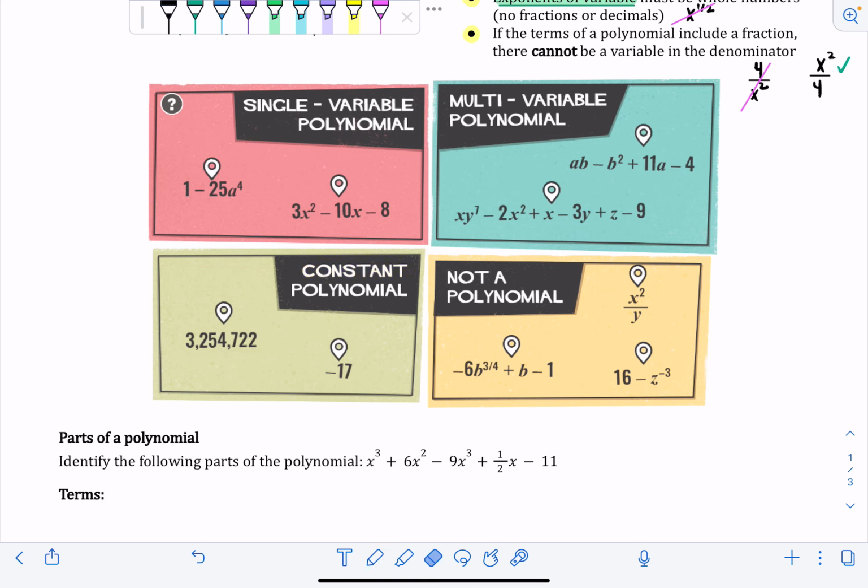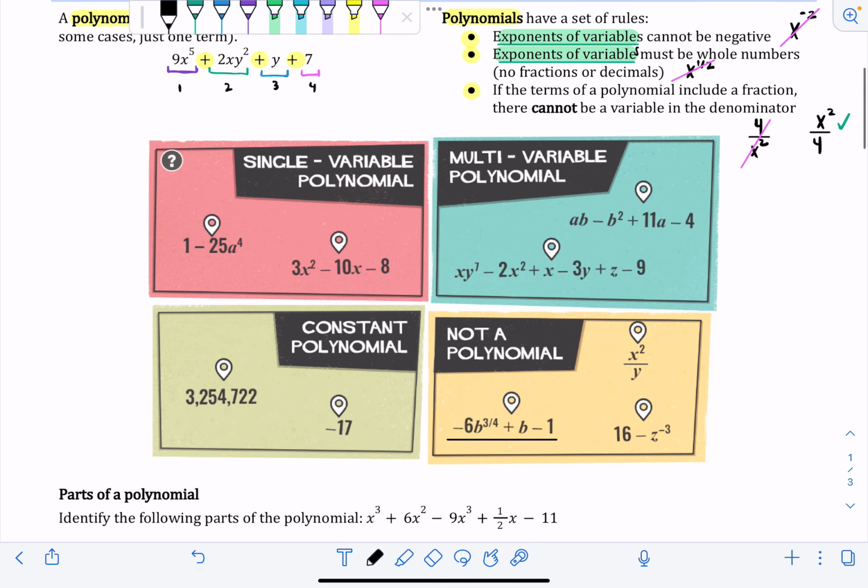And then moving down to the lower right, the yellow, these are called counterexamples. When something is not a polynomial, we want to pay attention to why it's not a polynomial, because it's important to be able to recognize that so that you can find ones that are or not. Okay, so looking at this expression right here, negative 6b to the 3/4 power plus b minus 1.